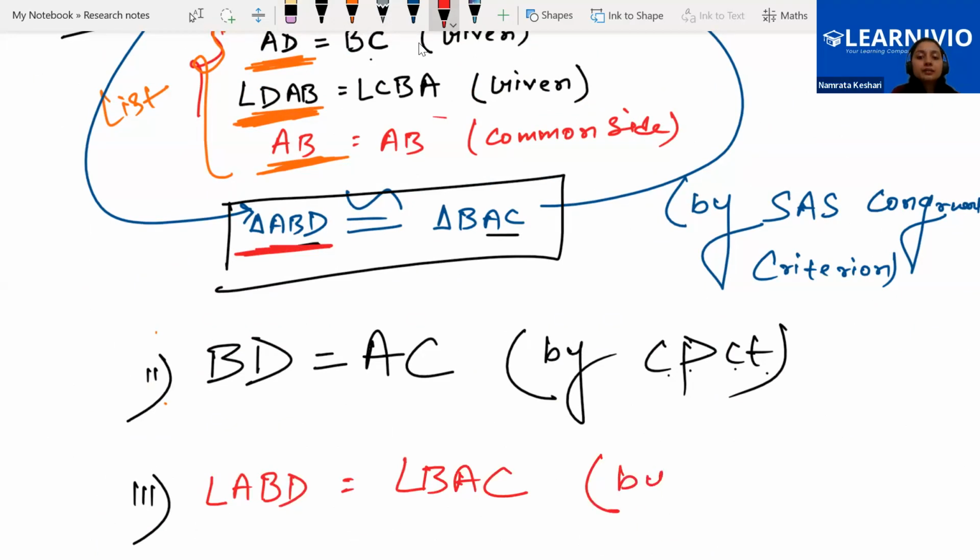Can we write? Yes, yes, we can, ma'am. That day we were making a list of corresponding sides and corresponding angles. No, this one is one of the corresponding sides, and this one is one of the corresponding angles. Okay, this is how we need to do it.